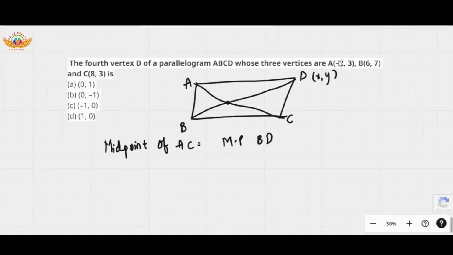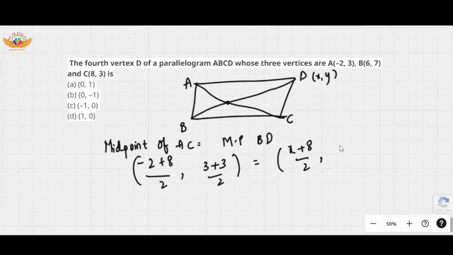AC means (minus 2 plus 8) by 2 comma (3 plus 3) by 2 will be the midpoint of AC. That is equal to, what is B? We don't know. So it is (x plus 8) by 2 comma (y plus 3) by 2.